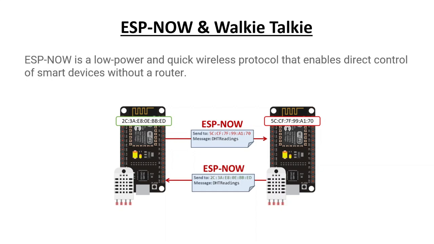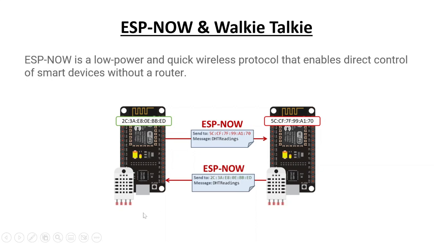So what is ESP-NOW? It is a low power and quick wireless protocol that enables direct control of small devices without a router. So it is nothing but a way of communication between two ESPs.